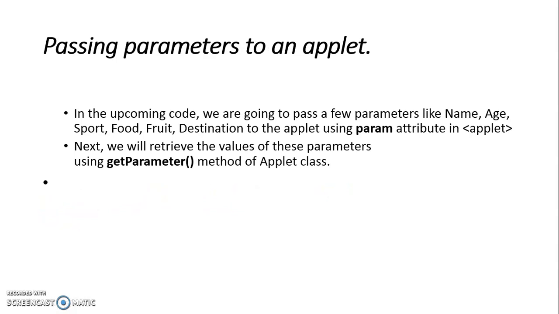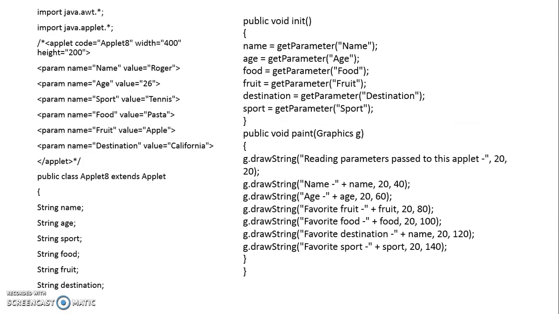Now we will see the example in the next slide, in which we are passing a few parameters like name, age, sport, food, fruit, destination to the applet using the param attribute, and we will retrieve them using the method getParameter. Now see here. Here are the two import statements. Next is your applet code.